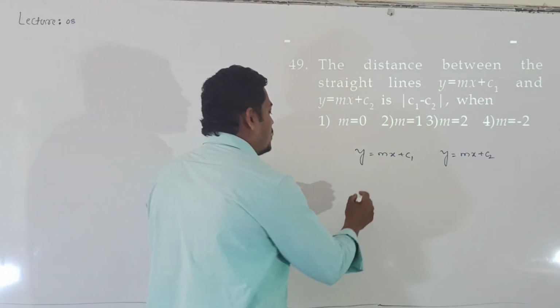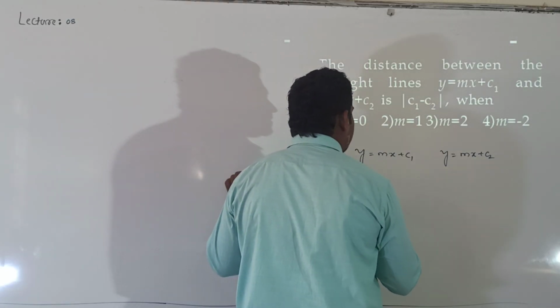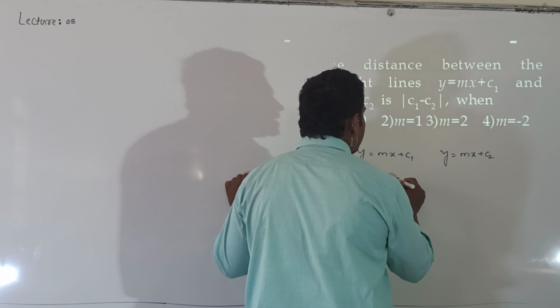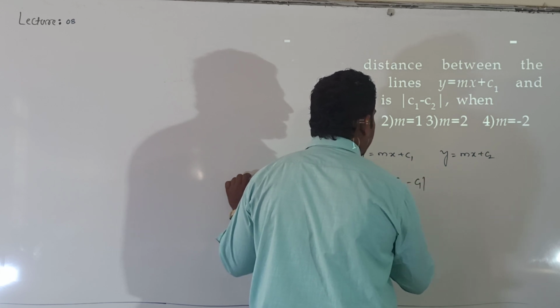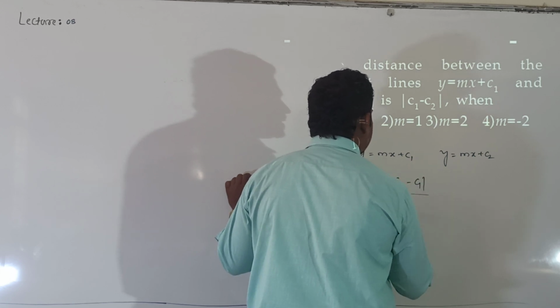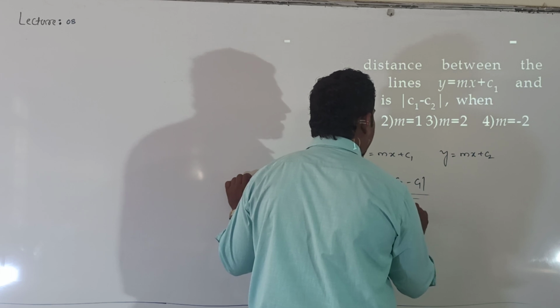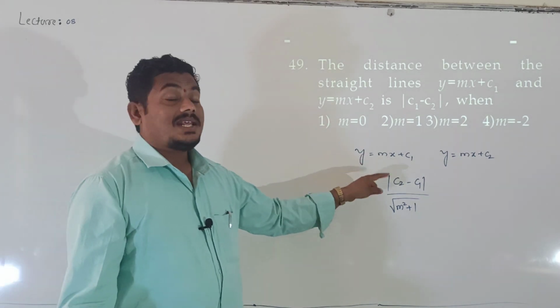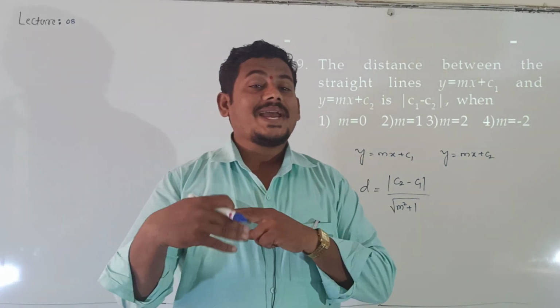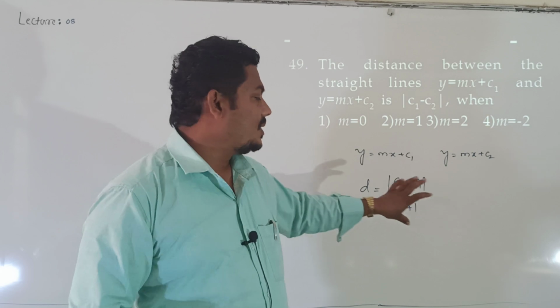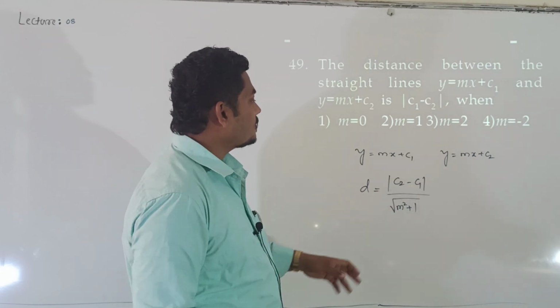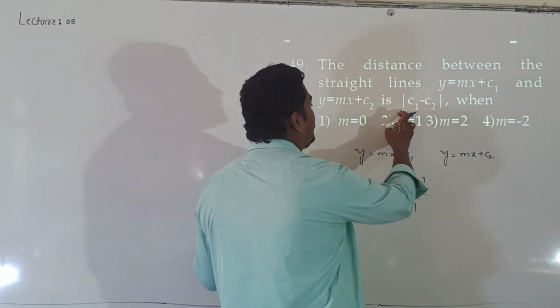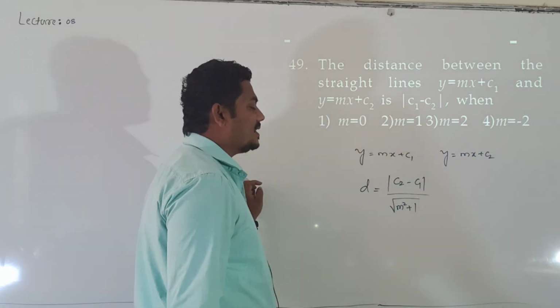If line equations are in the form of y equal to mx plus c, then the distance between two parallel lines formula is d equal to modulus of c2 minus c1 divided by square root of m square plus 1. What they have given is that the distance between two parallel lines is modulus of c1 minus c2.